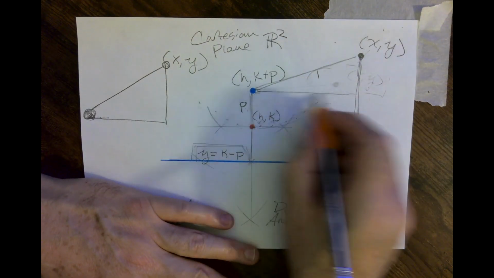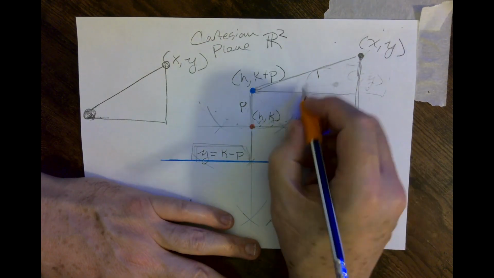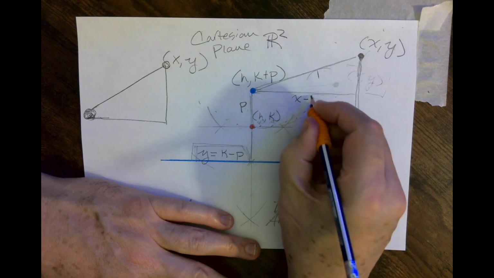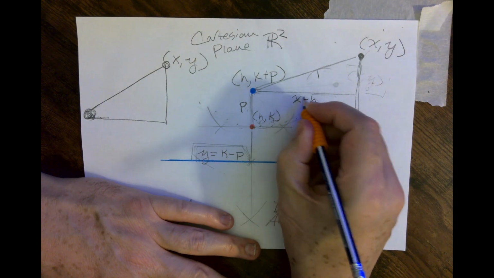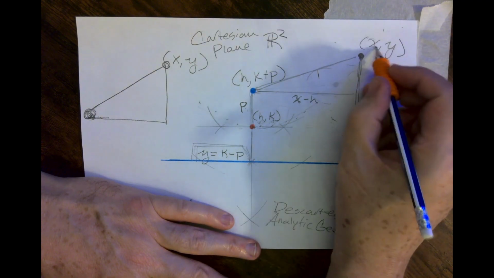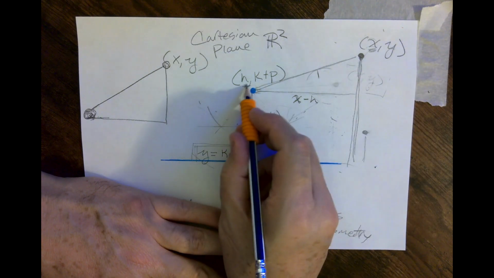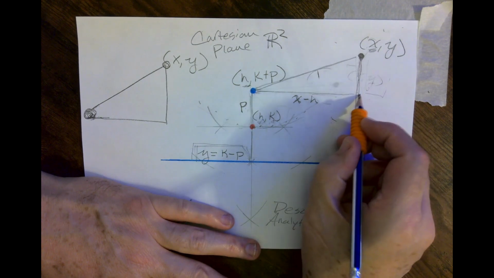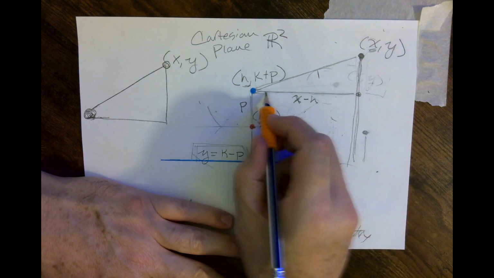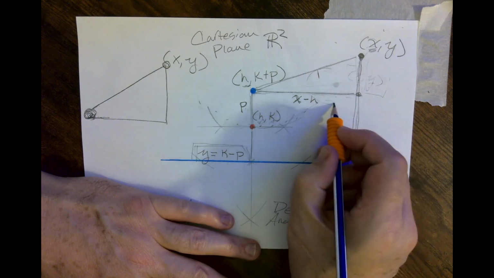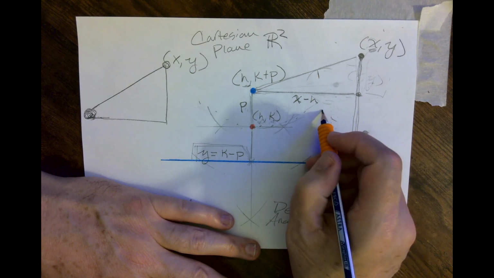So this right here is x minus h. We travel from here to here. That's the length of this side of the triangle, x minus h.